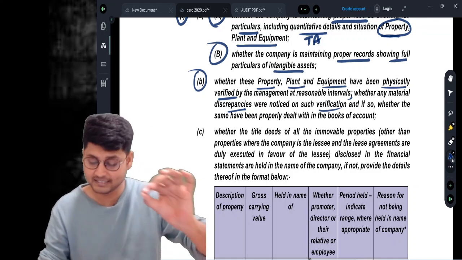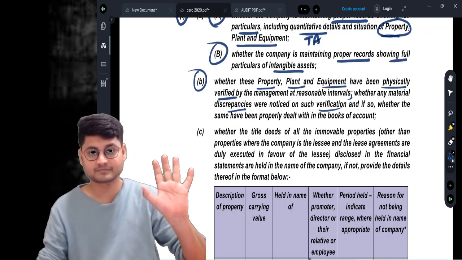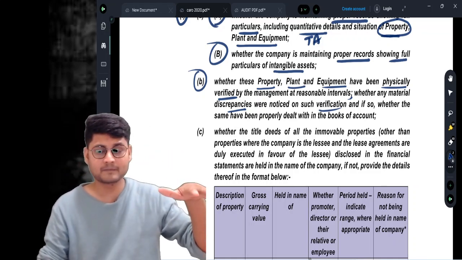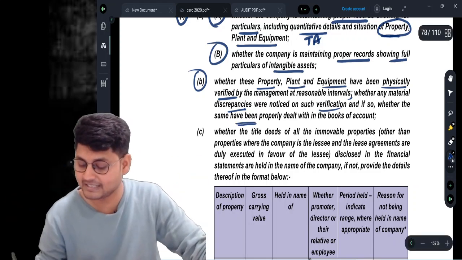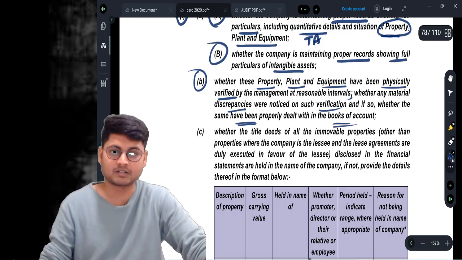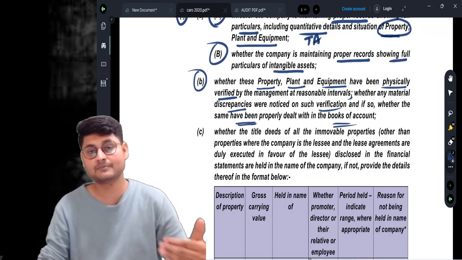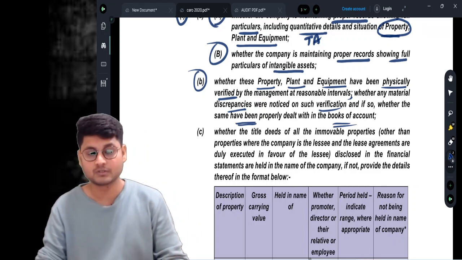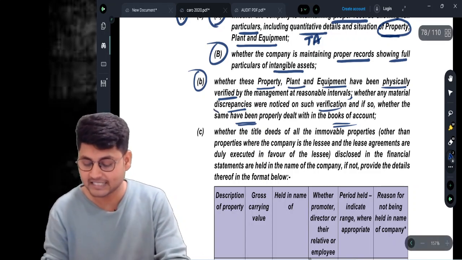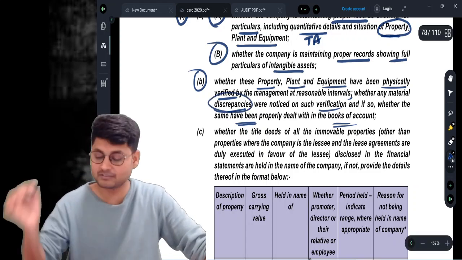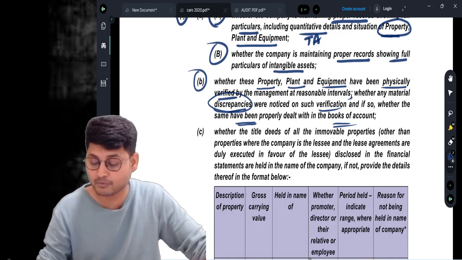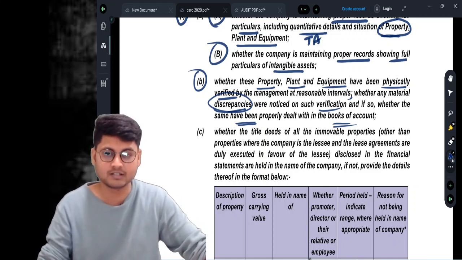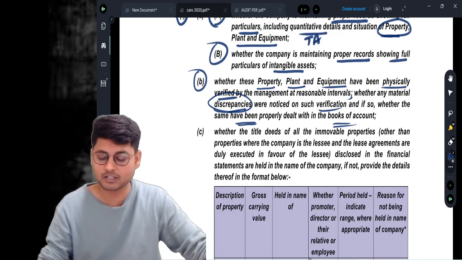Okay, if there are any discrepancies, see, physical assets are not matching with the books of accounts, then if so, whether the same have been dealt with in the books of accounts or not. Okay, what did the management do to deal with these discrepancies in the books of accounts? That is what we need to verify, whether these discrepancies have been properly dealt with in the books of accounts or not, has to be reported under clause B.